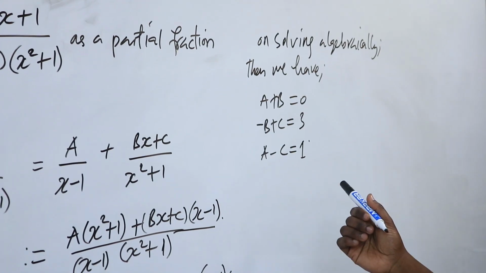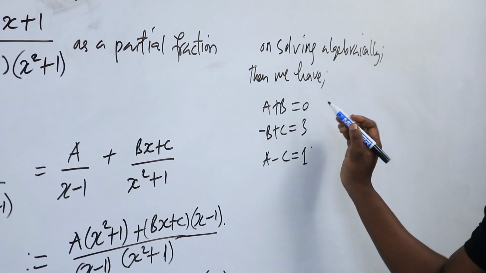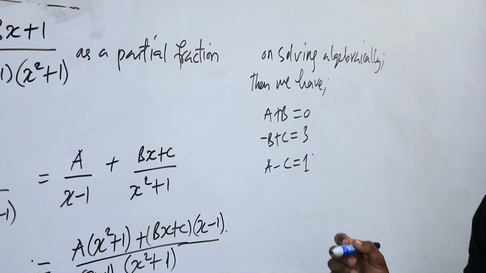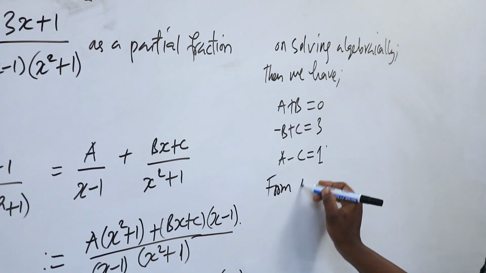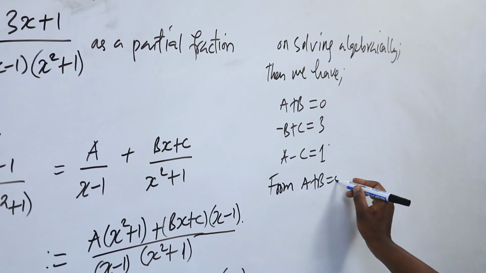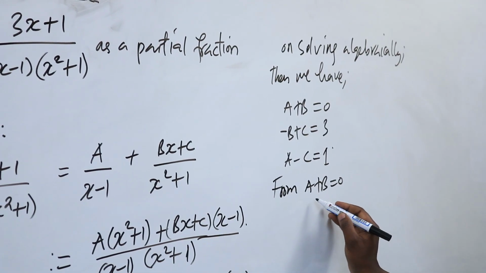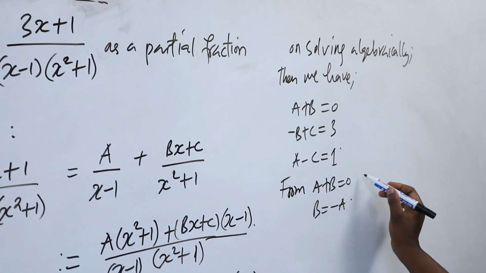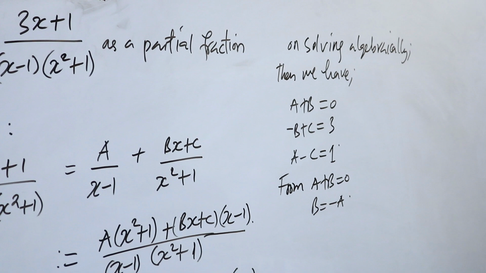So from here, I can use equation 1 to find the value of b in terms of a. So from here, a plus b equals to 0, I can say the value of b equals to negative a, because we take this a to the other side. So it becomes 0 minus a, which will be the value of b.